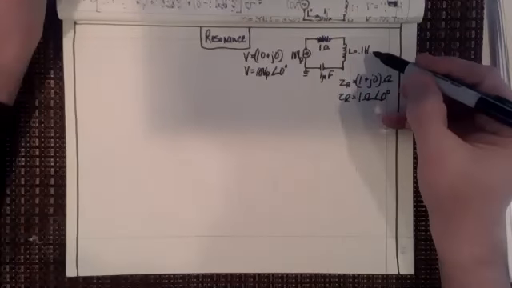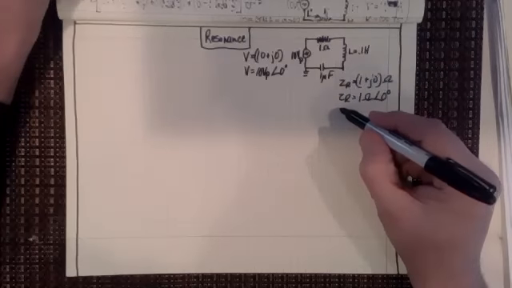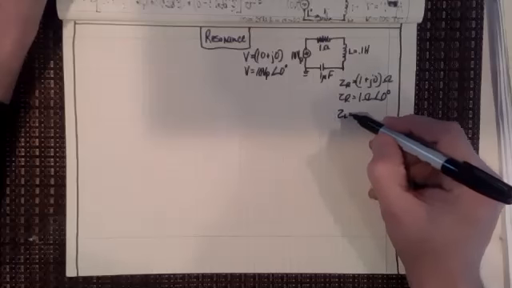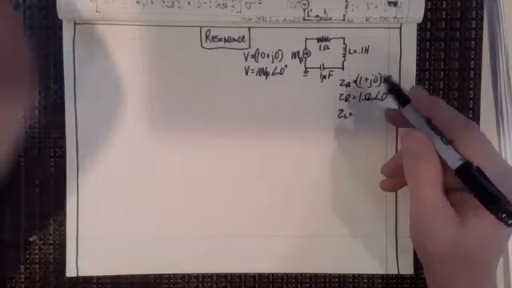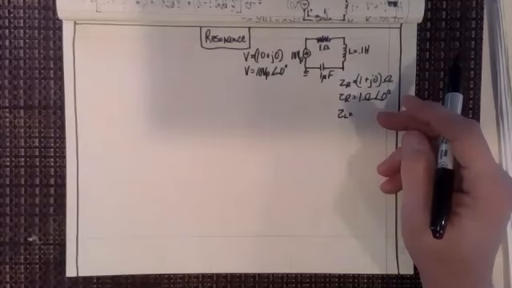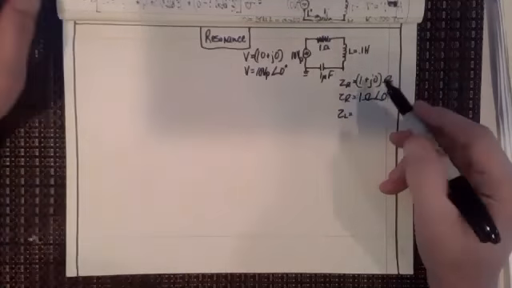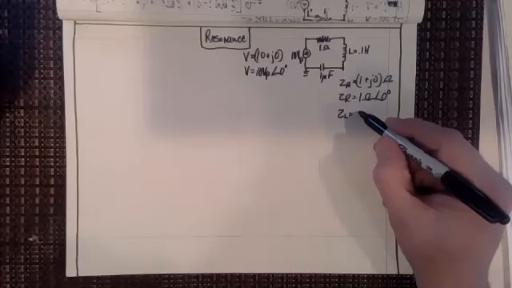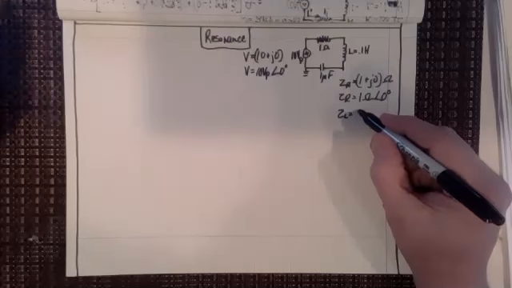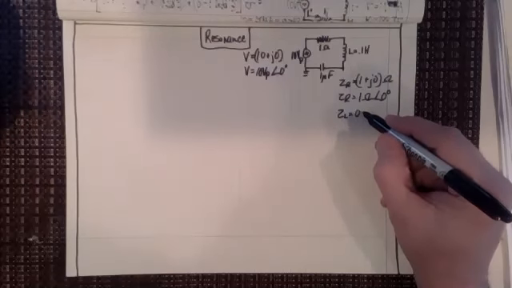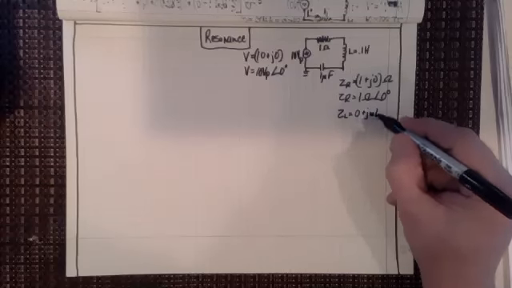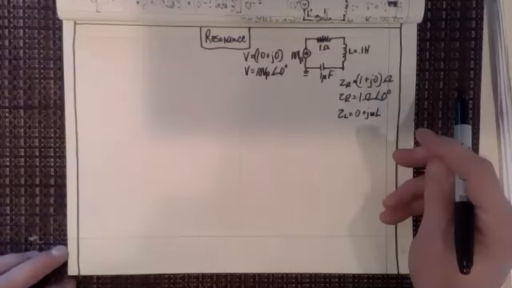When we look at the impedance for the inductor, we already calculated that last time, and that was omega L. So in general we've got 0 plus j omega L. That's just a general equation.